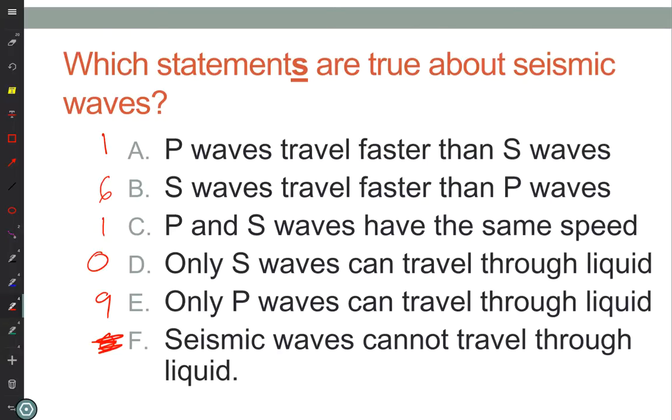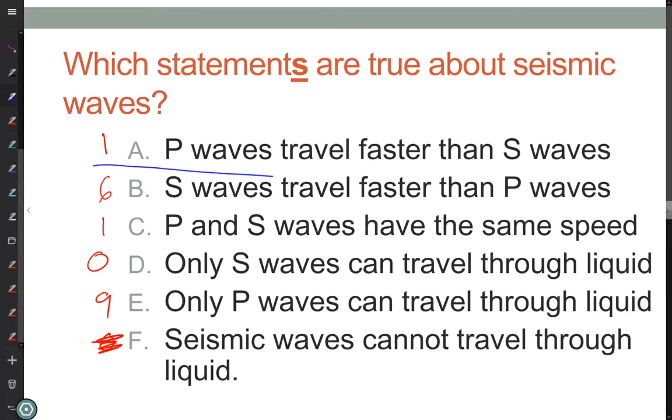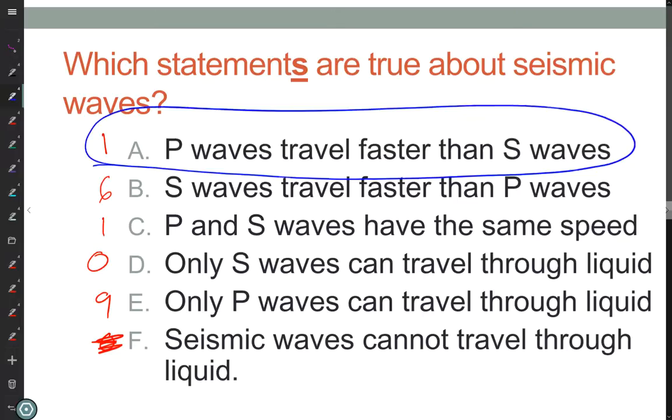So the primary wave is the first one to get there, so it's the faster one. The one person who said P waves travel faster than S waves was correct. S waves are slower. The S stands for secondary, but in your brain you can say slower. And they're also shear waves.